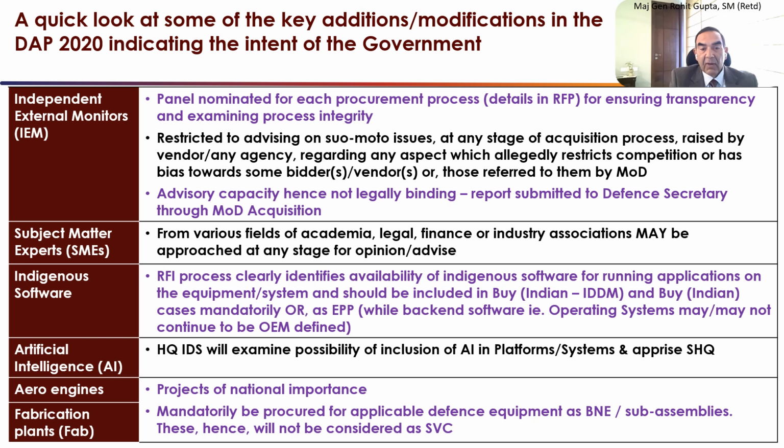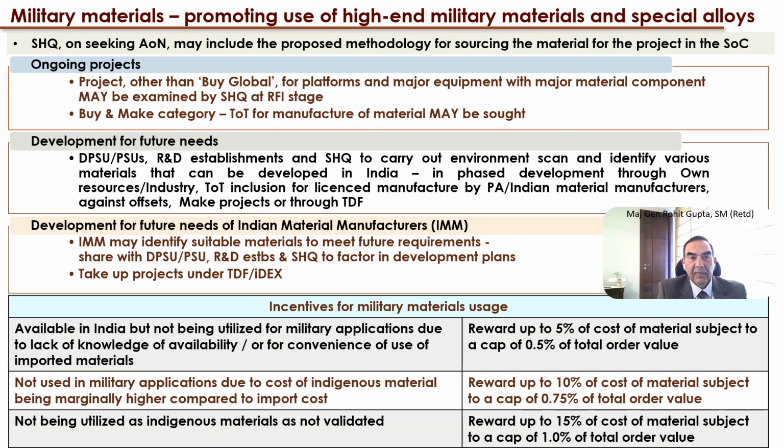And wherever they are, the procurement of applicable defense equipment has to be mandatory as buyer nominated equipment or as sub-assemblies. They need not be considered a single vendor case. That means anyone who offers to produce aero engines or parts regarding aero engines and fabrication plants need not be an ab initio single vendor case and therefore threatening the case to be closed.